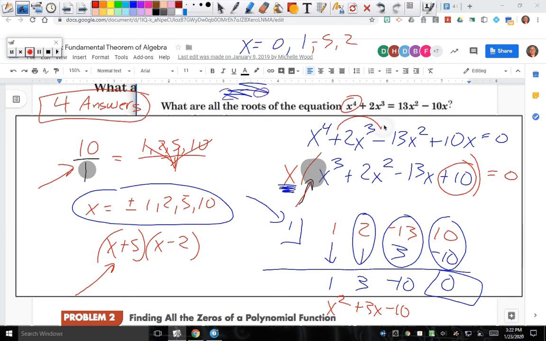I have 1, 2 sign changes. That means I should have a possible 2 positive answers. Or what else? 0. You remember how we went down by 2?